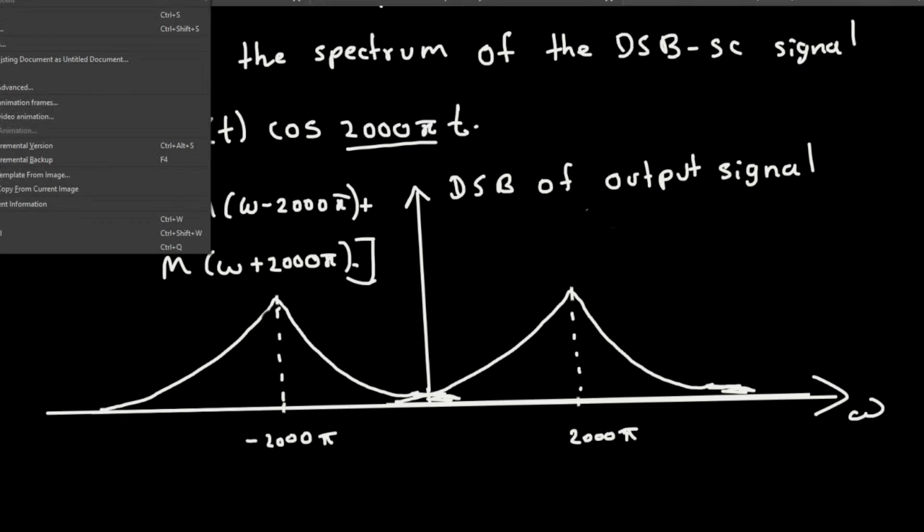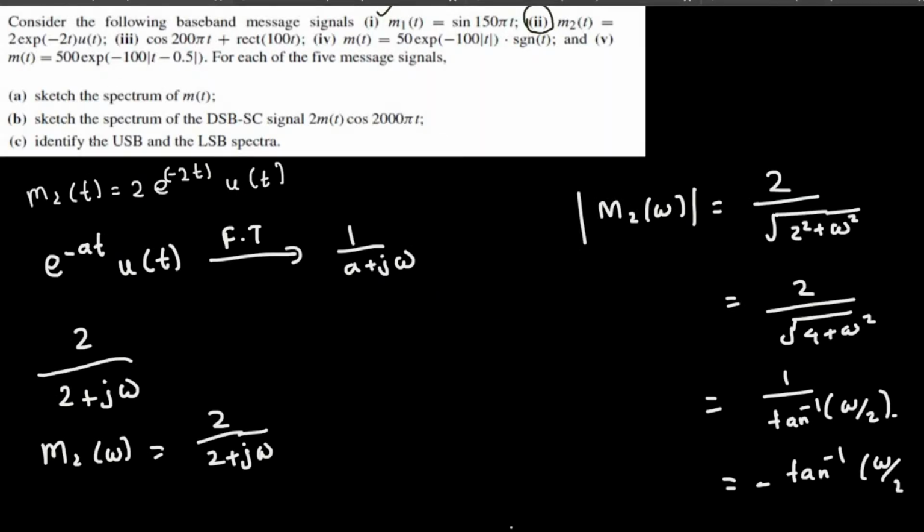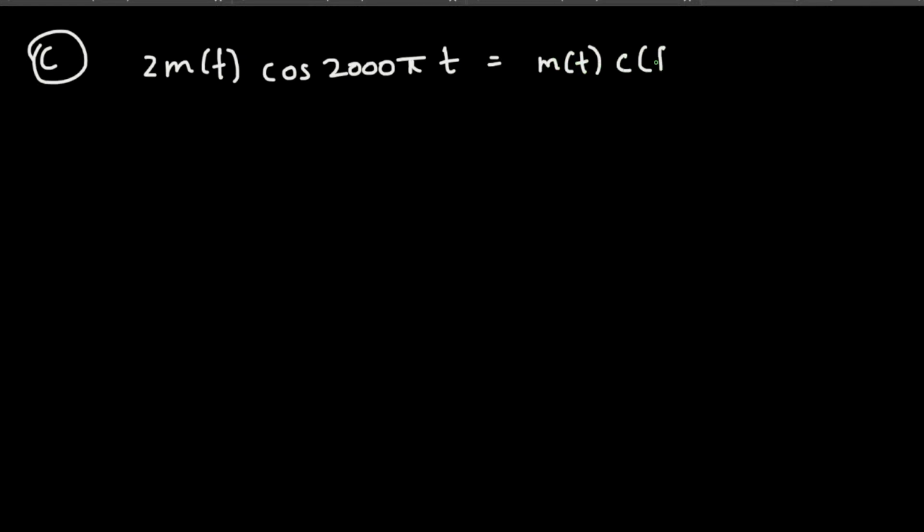Now let's look at the C part. In the C part, the question is asking to identify the USB and the LSB spectra. For this one also we have to look at the DSB-SC given, that is 2 m of t cos 2000 pi t. Okay, this one contains m of t and the carrier signal, message signal and the carrier signal, and we are interested in just the carrier signal.